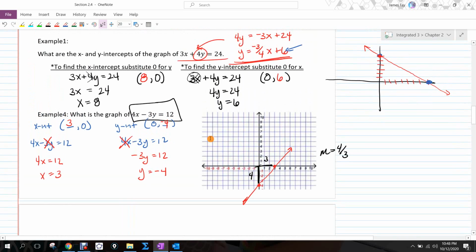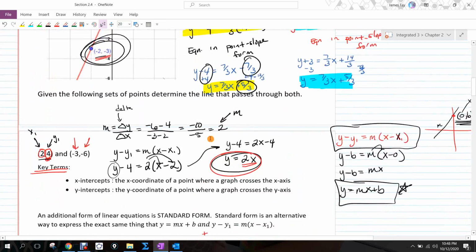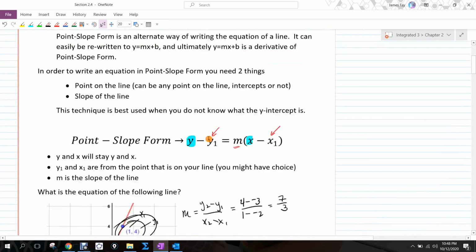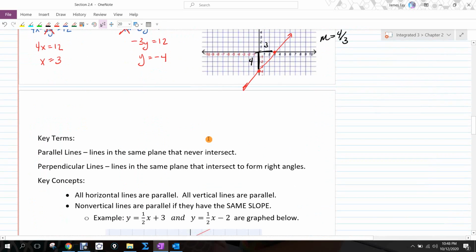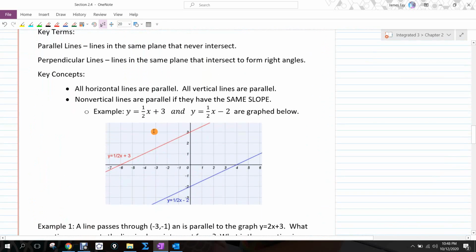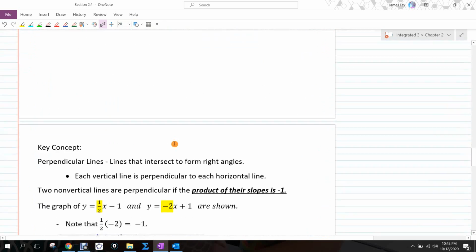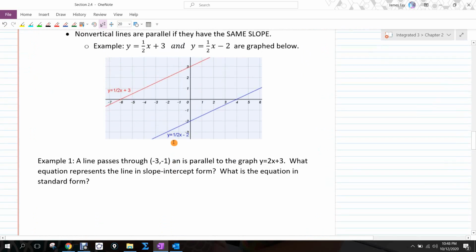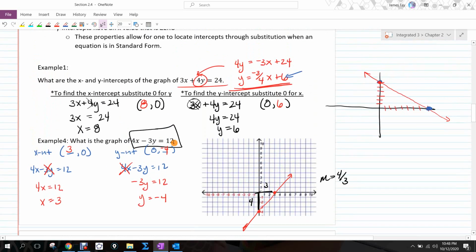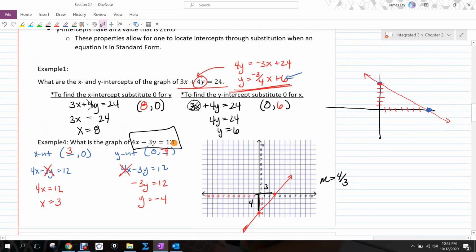Along with, I'm going to open up this assignment here for section 2-4, but you're not going to be able to maybe finish all of it because there's some stuff down here with parallel lines, perpendicular lines that I'll discuss with you in the next video. So that'll be coming up soon.